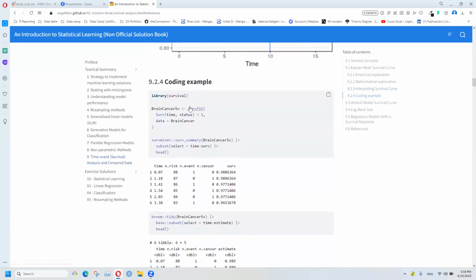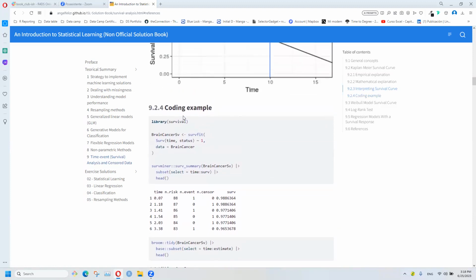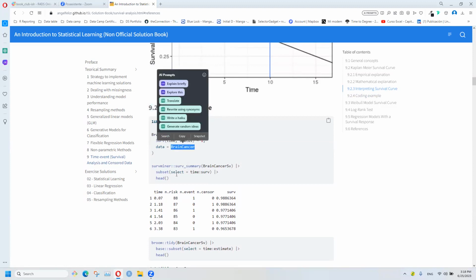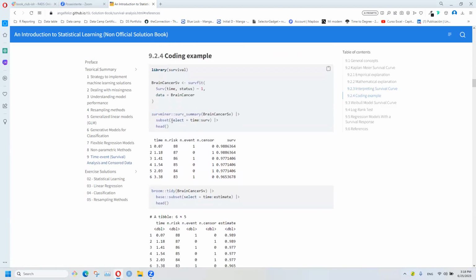So to build this survival curve in R, we use the survival package and the survfit function, defining the formula using the Surv function, with the time and the status, and the data. We can also get the data using the summary of survfit.